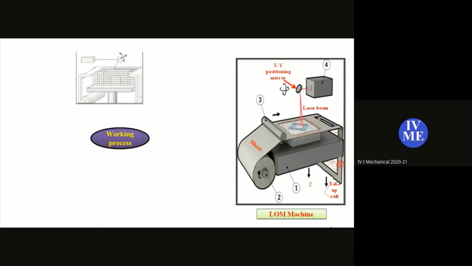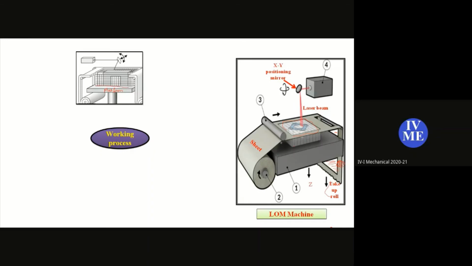Okay, now let's see the working of this process. First, we have to position the first layer of the sheet on the platform. This is the platform. On this platform, first we have to supply a sheet.